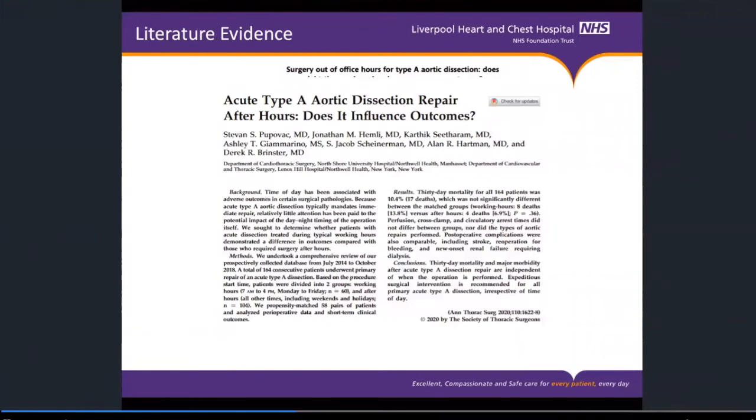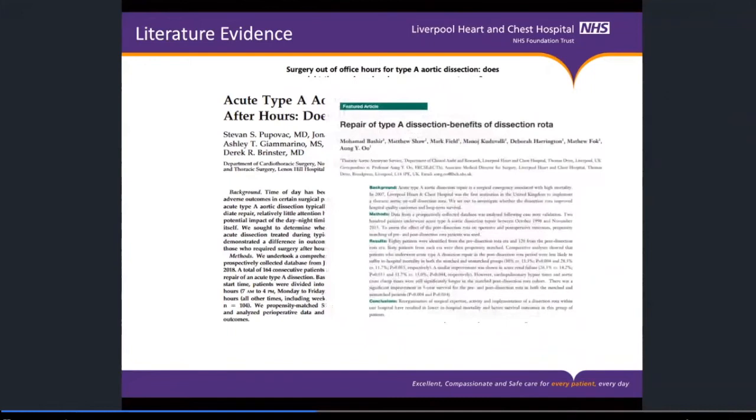However, not many papers have compared the outcomes of pre-rota versus post-specialized rota. In our study, we concluded that the presence of a dissection rota can improve the mortality significantly during in-hours versus out-of-hours.